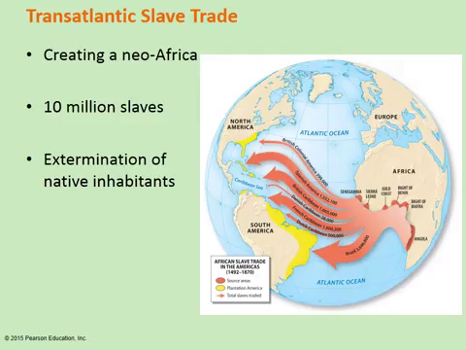As the native peoples of the region died out due to disease, a Neo-Africa emerges in this region.